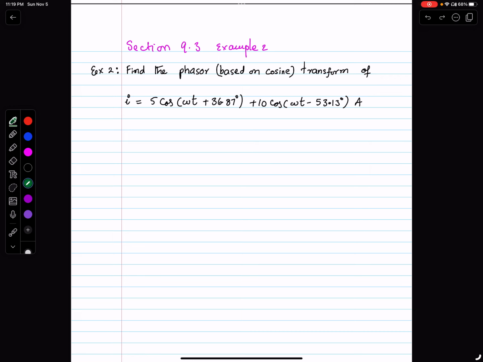Okay, so we are going to begin with step one, which is to convert these to phasor form. So 5 angle 36.8 is the phasor for this guy.